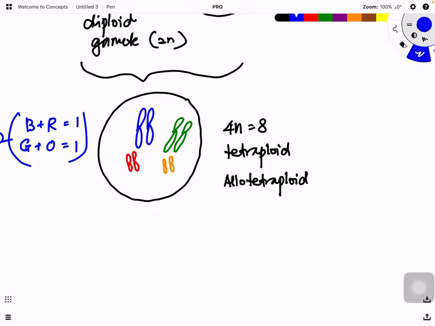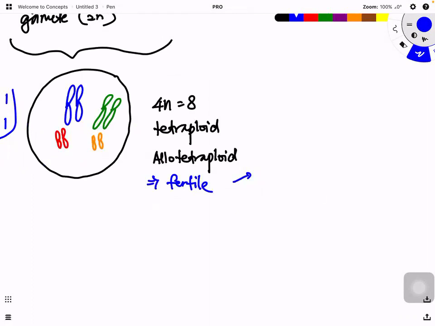So allotetraploids are fertile. When they are fertile, it means that they have the potential to interbreed because they can form gametes, and they are also reproductively isolated from the parental species.